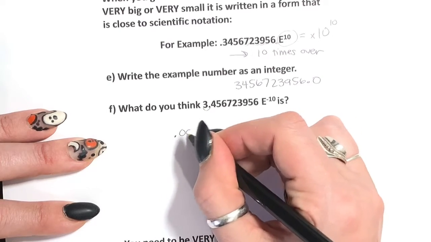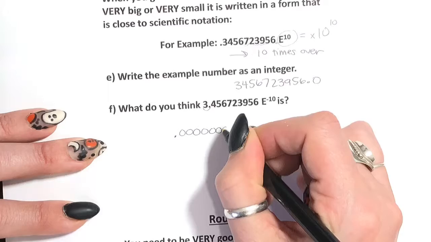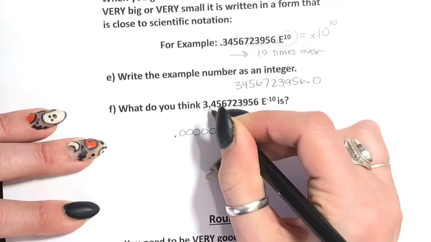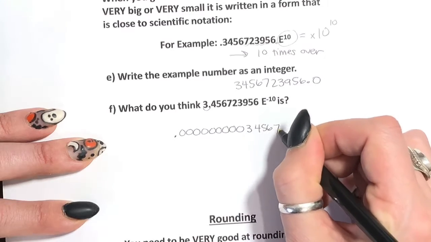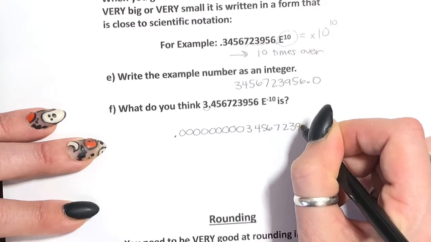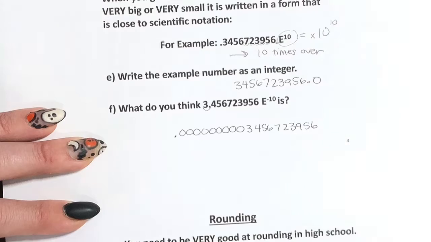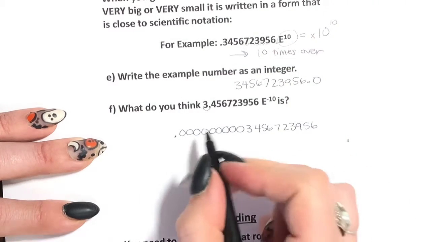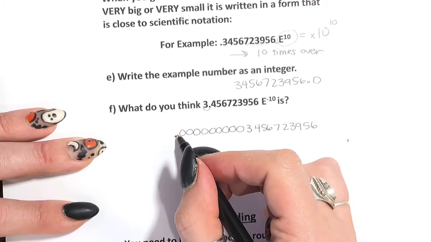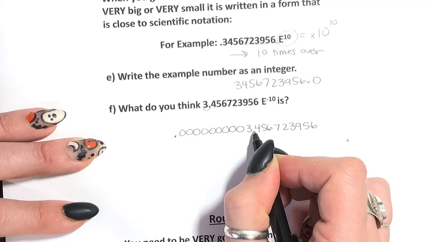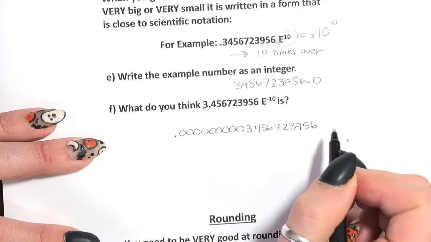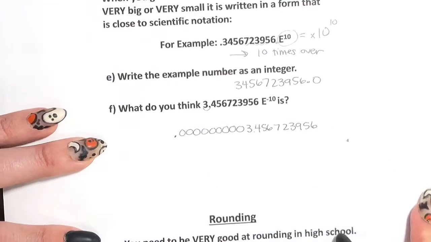So we're going to have 1, 2, 3, 4, 5, 6, 7, 8, 9, and then we have the 3, and then the 4, 5, 6, 7, 2, 3, 9, 5, 6. So this would have been like our original decimal, and to put it into scientific notation, we would have had to move it 1, 2, 3, 4, 5, 6, 7, 8, 9, 10 times over to get to here, and then we could have written it in the scientific notation.